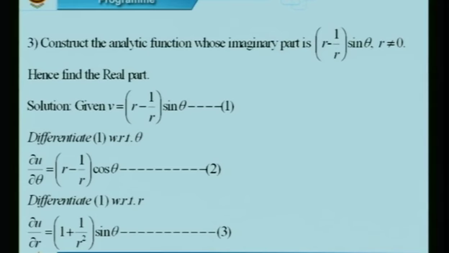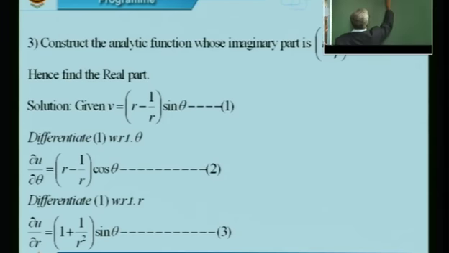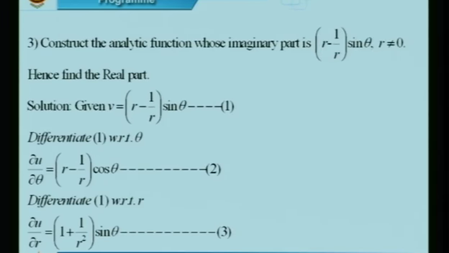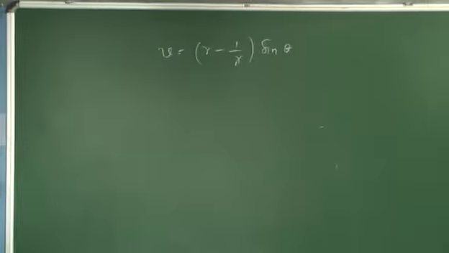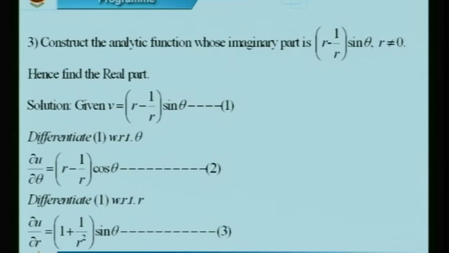The imaginary part is given here: V is equal to r minus 1 by r into sin theta. So this is the imaginary part of the analytic function which is given.